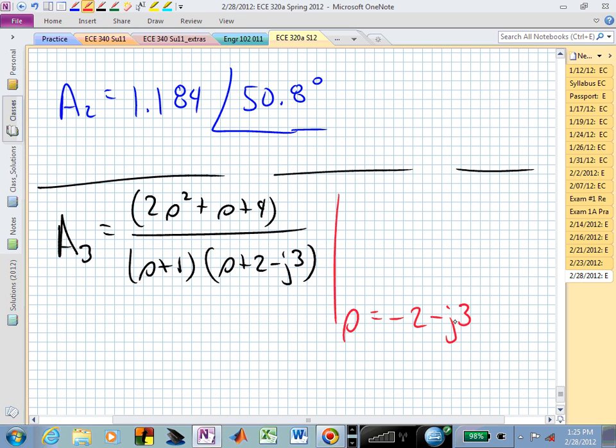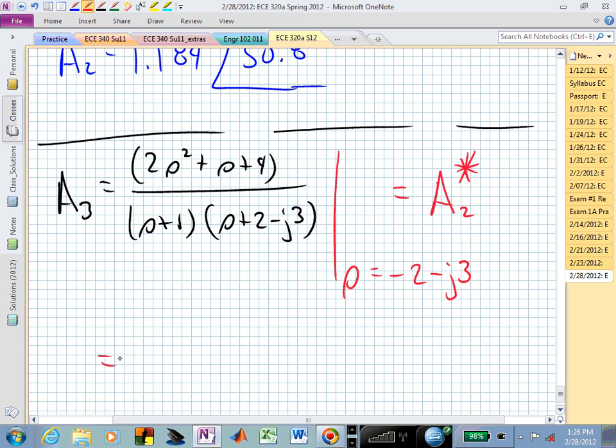Now you're in the bottom half of the complex S-plane. You're at -2 minus j3, and you should find that this ends up being the conjugate of a sub 2, which in polar form is just the same magnitude, just the negative angle.